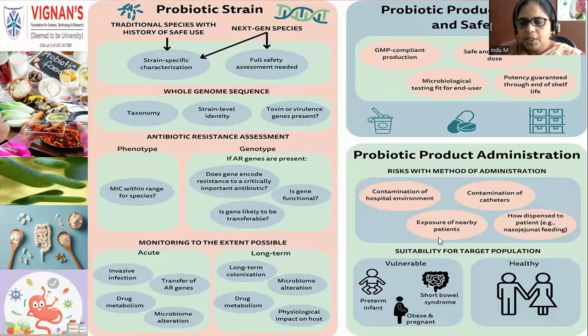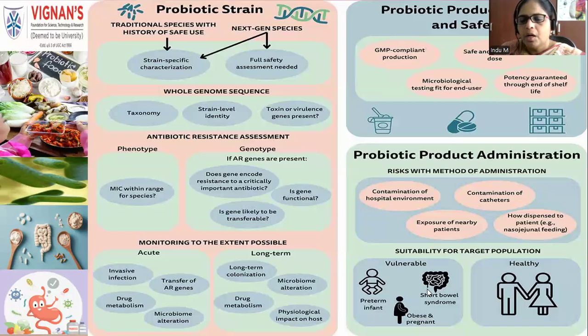And which target population you have to use this particular probiotic and probiotic products for. So vulnerable people like preterm infants, short bowel syndrome, obese and pregnant. So we can target these products to these vulnerable people. Why?